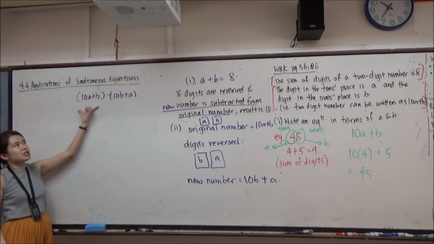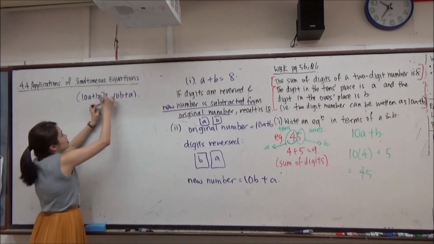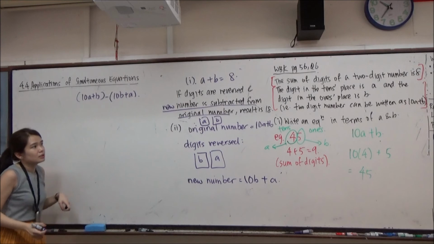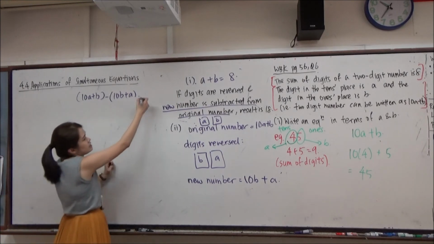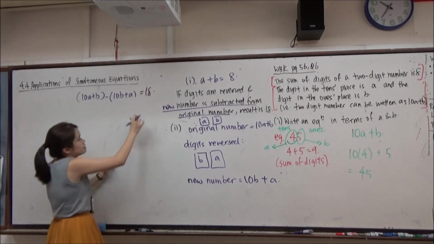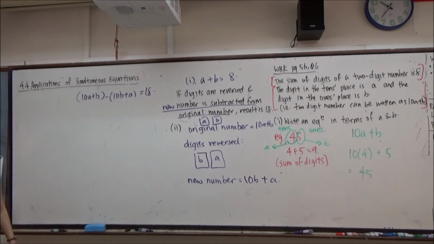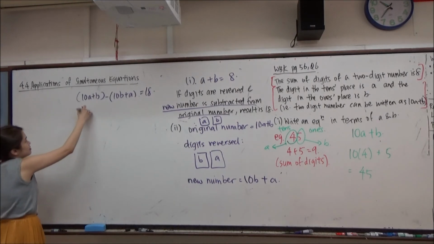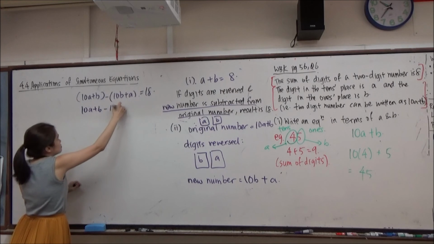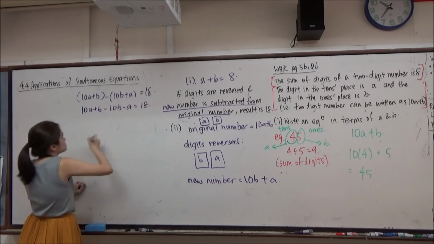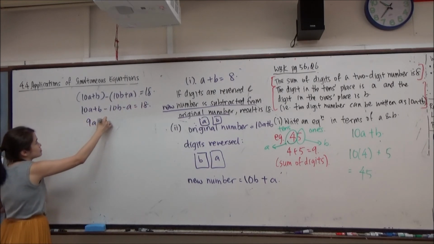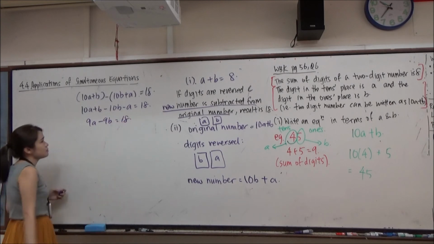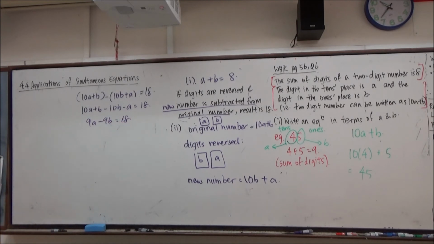So start with the original number, minus away the new number, and this results in 18. So this is how the second equation is formed. But I can simplify this, and I get 9A minus 9B equals 18.